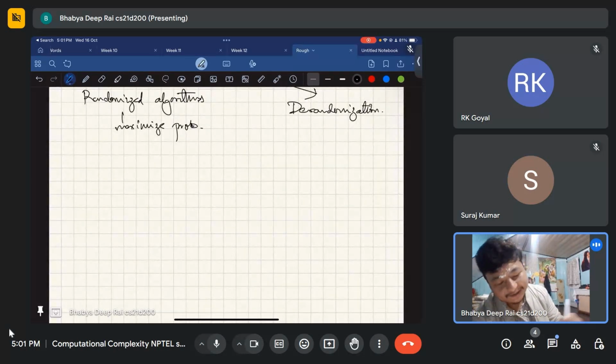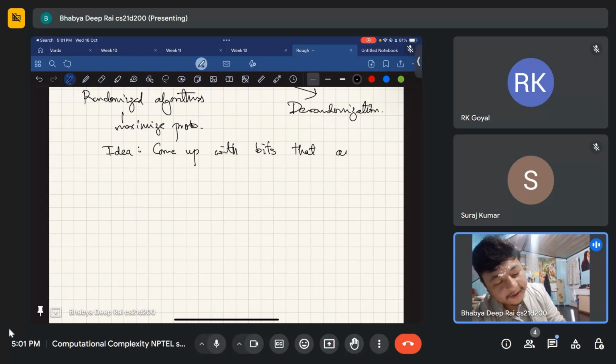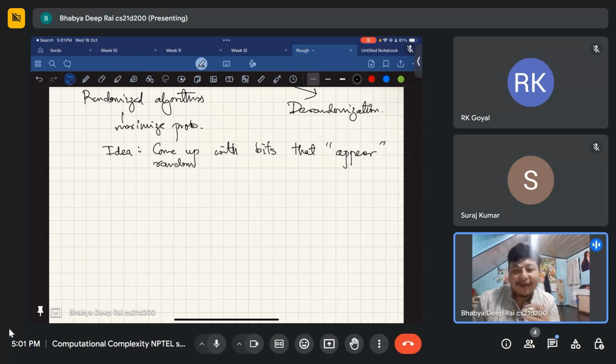So here is an idea: come up with bits that appear random. But before I come to this, what is randomness really? Randomness is when you have a string of bits that keeps coming and you cannot predict what the next bit is.